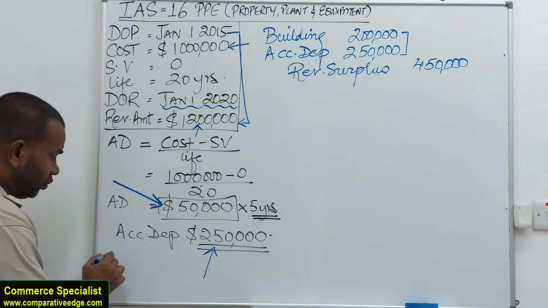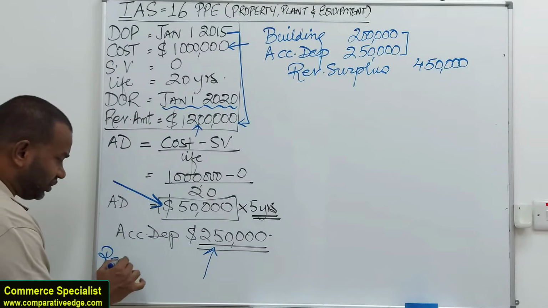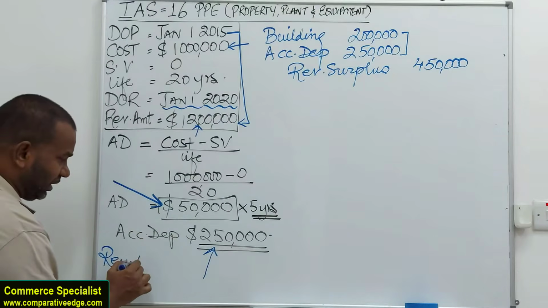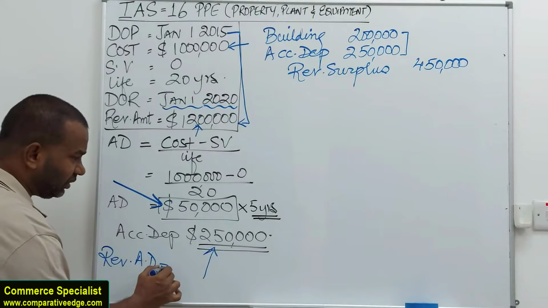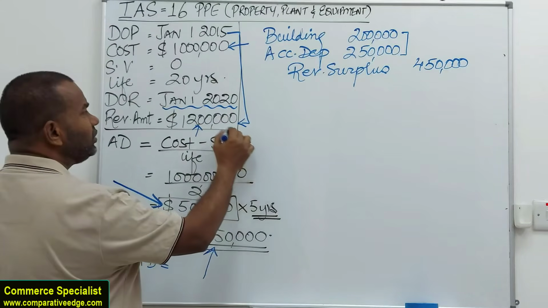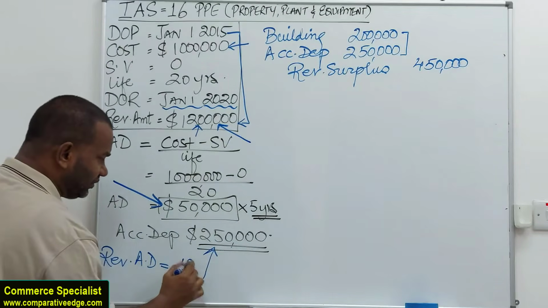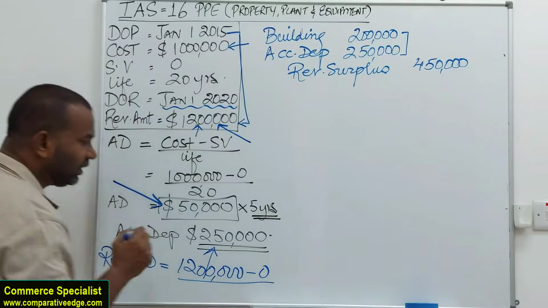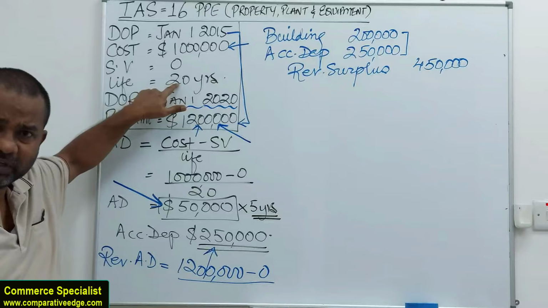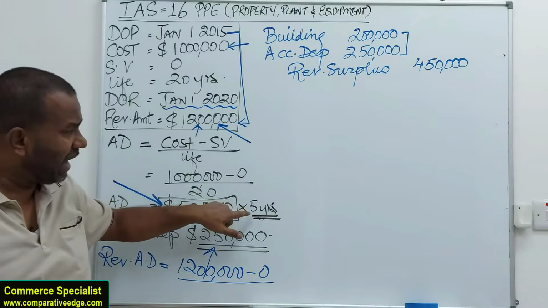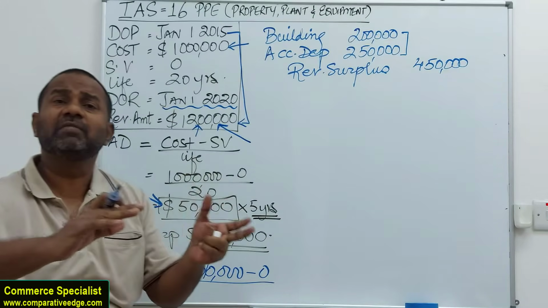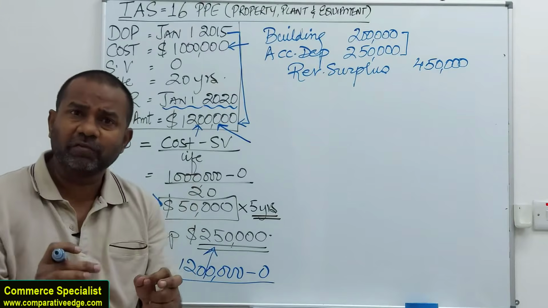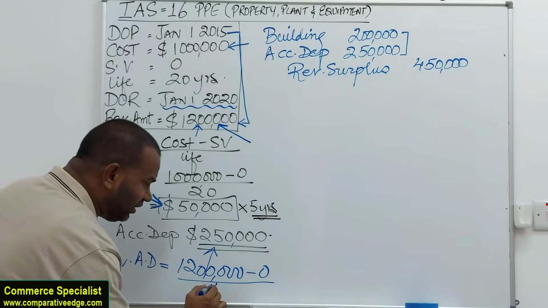Now let's do the revised annual depreciation, that is after revaluation. What is your revalued amount? 1,200,000. There is no salvage value. Look, the original life was 20 years. You used the asset for 5 years. So what is the remaining life now at the date of revaluation? It is 15 years.